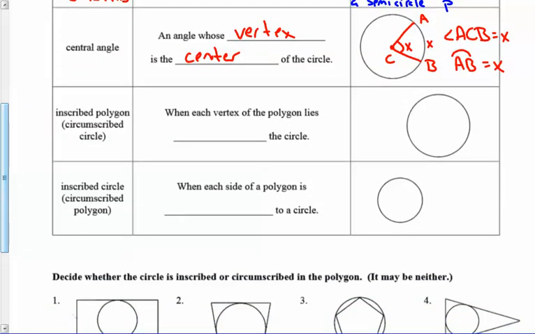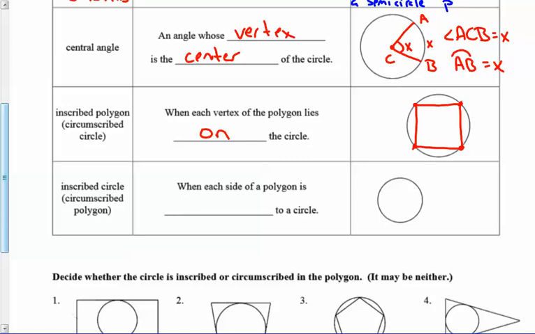Inscribed polygons are when each vertex of the polygon lies on the circle, okay? So what would that look like? An inscribed polygon means that the polygon is on the inside, right? Each of these vertices of the polygon is a point on the circle. Whereas an inscribed circle means that the circle's on the inside. In circumscribed polygon, right, when something is inscribed, it's inside.